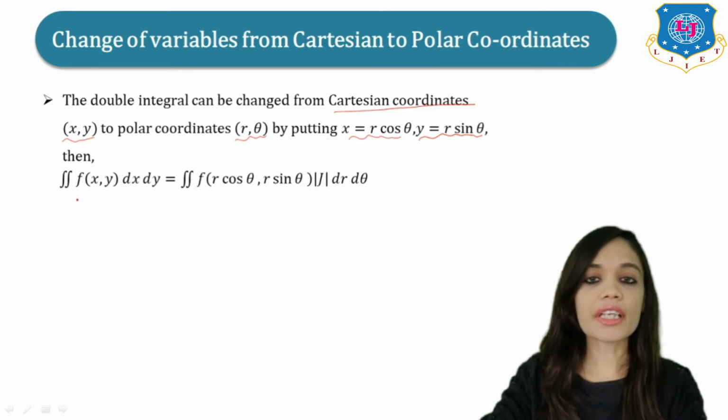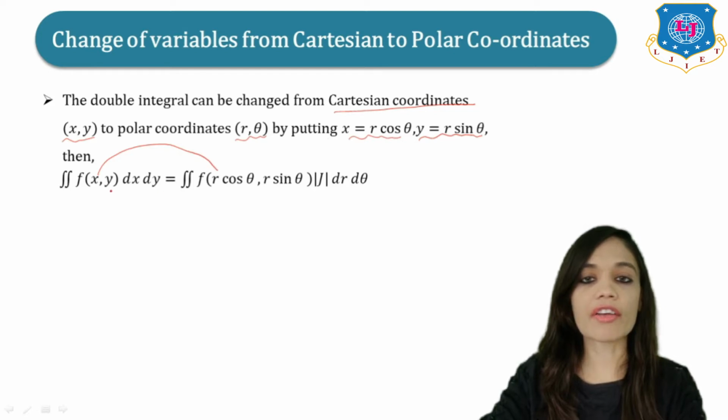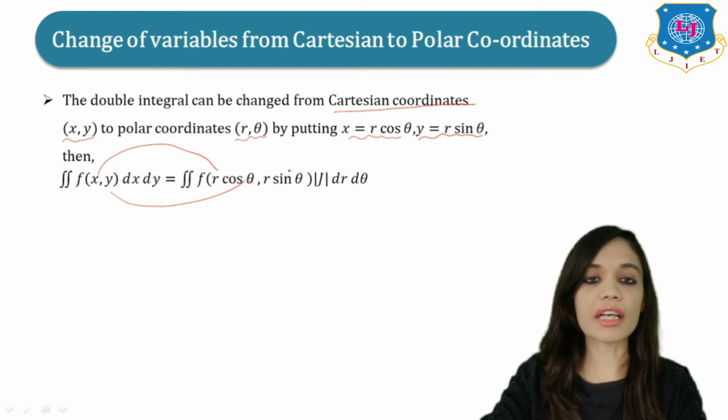Then the double integral of f of x, y dx dy equals the double integral of f of r cos theta, r sin theta, mod J dr d theta, where you replace x by r cos theta and y by r sin theta. Whenever we change the variables, we have to find the Jacobian.